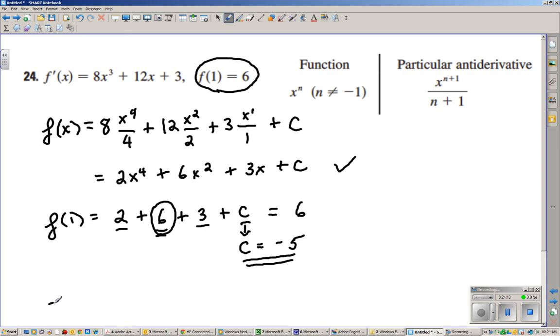So we would say f of x has to be, and this is particular, not general now, 2x to the 4th plus 6x squared, plus 3x, not a plus c now, but rather -5, because I'm going to use this guy, right?